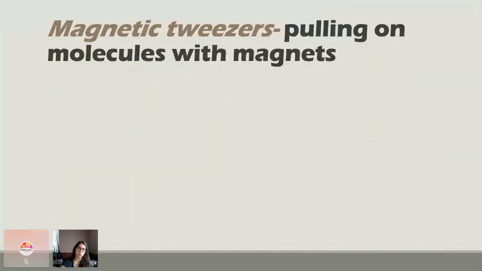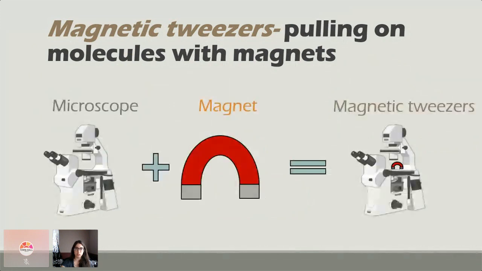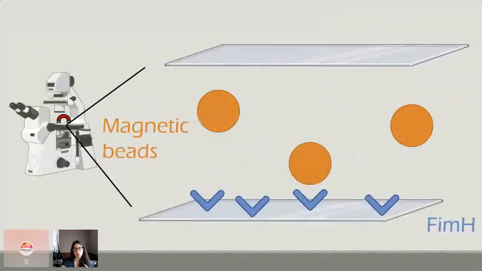Now, the next question we need to address is, how do we pull on molecules? Well, in my lab, we have an instrument called a magnetic tweezers. And a magnetic tweezers is just a microscope with a magnet on it. And the microscope is looking inside of a chamber, and glued to the floor of the chamber are FimH molecules. And then inside are magnetic beads that are free to move around.